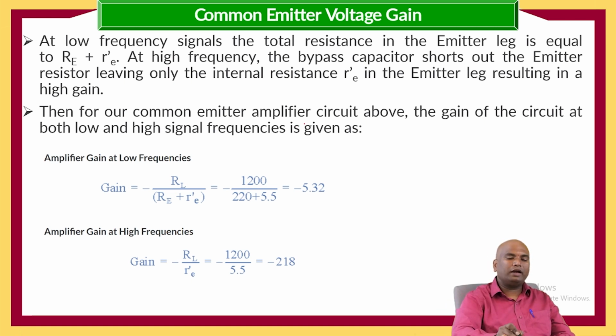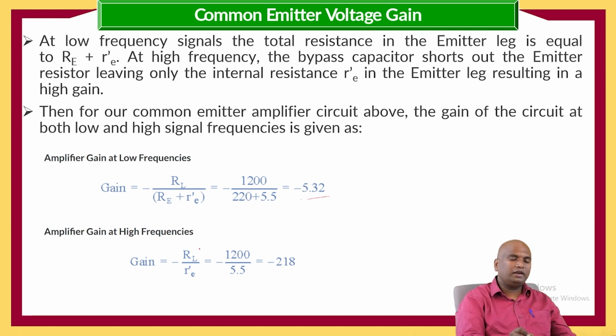Then for our common emitter amplifier circuit, the gain of the circuit at low signal frequencies is given as gain equals minus RL by RE plus RE dash, that is equal to minus 1200 by 220 plus 5.5, which is equal to minus 5.32.